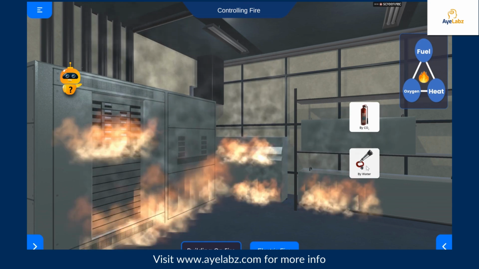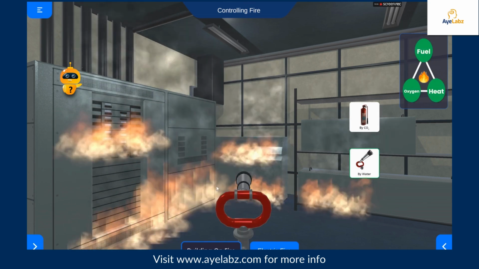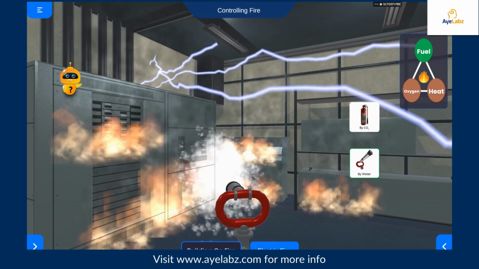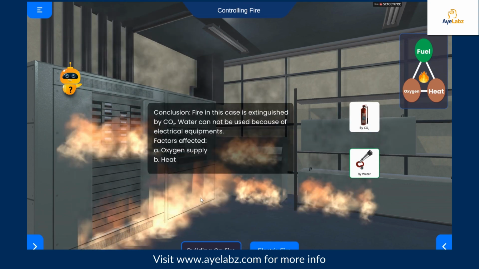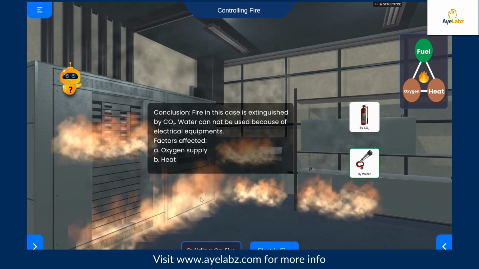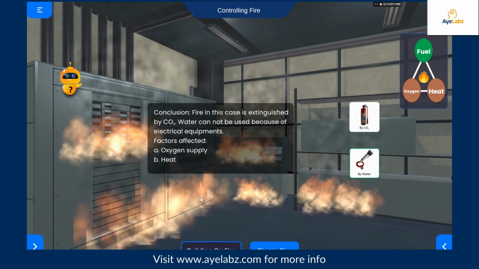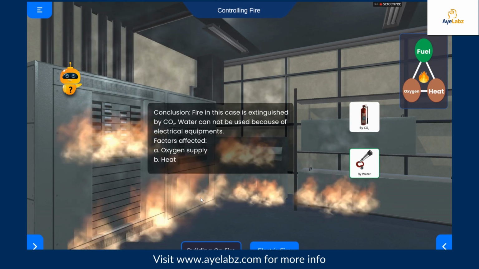What if I'm using water over here? As you can see, the electrical shock is created, so the factors affected are oxygen supply and heat. So water cannot be a good fire extinguisher for controlling a fire which is electrical.